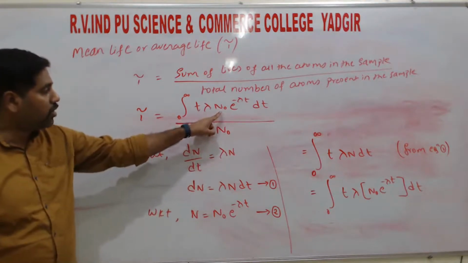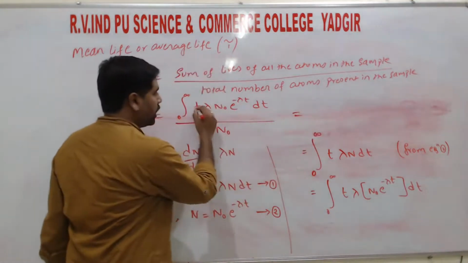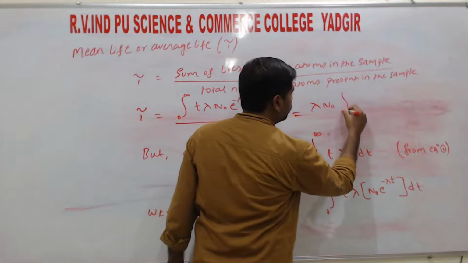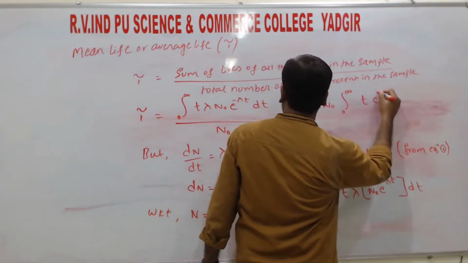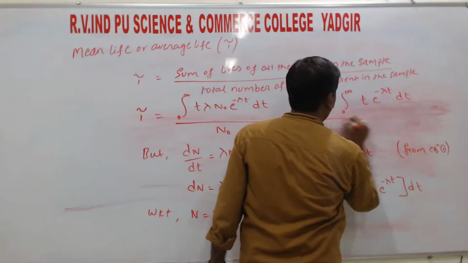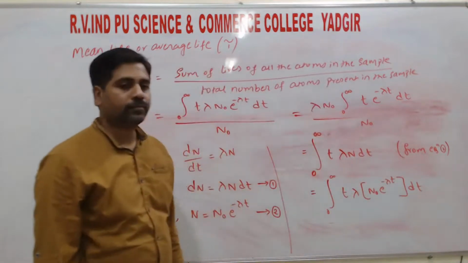So here we have a n naught constant and here we have a n naught constant. So in the numerator if we take common lambda n naught, 0 to infinity t e to the power of minus lambda t dt, whole divided by n naught, right?